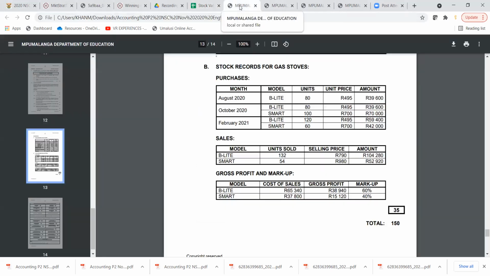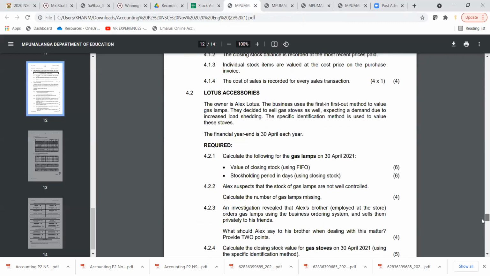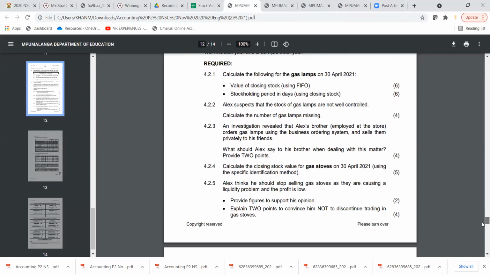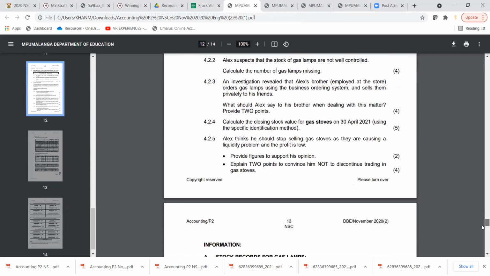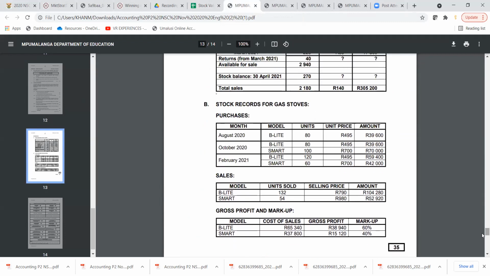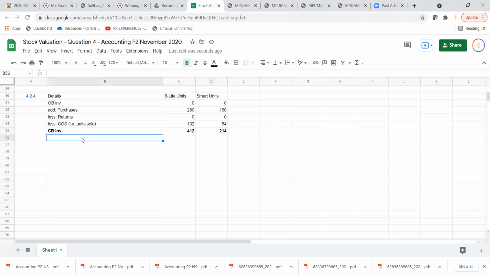Okay, what did they ask us for? They asked us for 4.2.4, calculate the closing stock value of gas stoves on 30th April using. Okay, so as you can see, for B light, the cost price is 495. For smart light, it is 700. So we were able to work out the closing inventory.